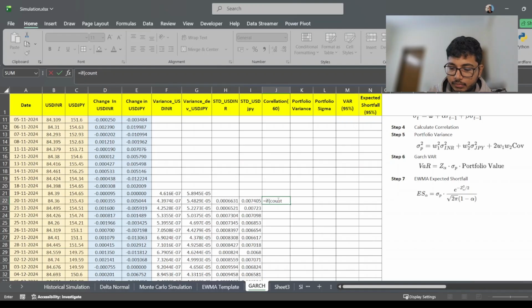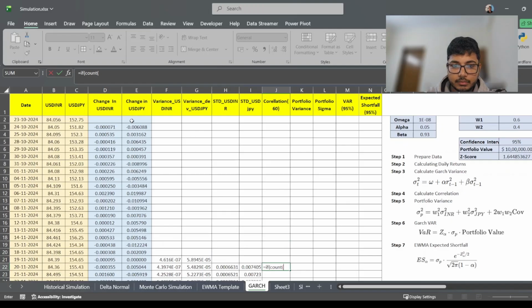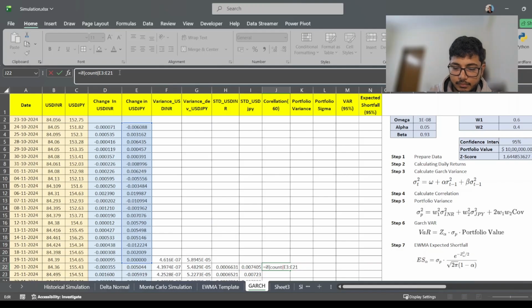Count. So if it is less than 60, this function is going to throw an error.